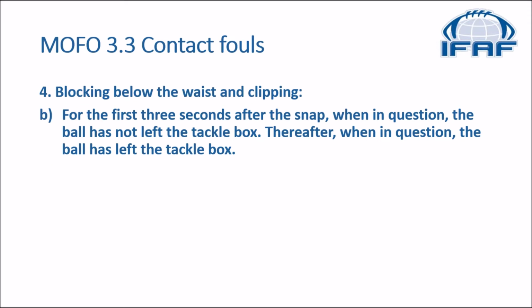In the MOFO, we start with section 3.3 contact fouls. 4 deals with blocking below the waist, and B says, for the first 3 seconds after the snap, when in question, the ball has not left the tackle box. Thereafter, when in question, the ball has left the tackle box.